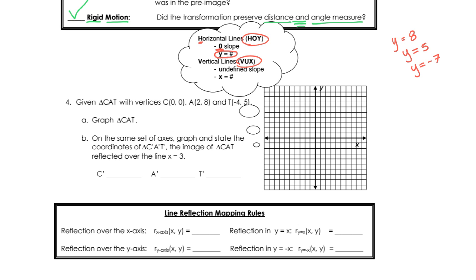Whereas VOOKS is to remember vertical lines. Vertical lines have undefined slope. They go straight up and down. Their equations are x equals a number.